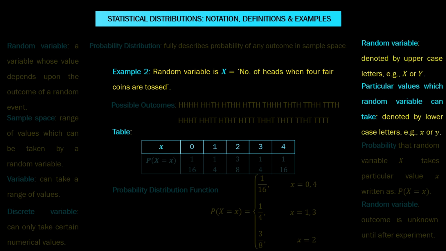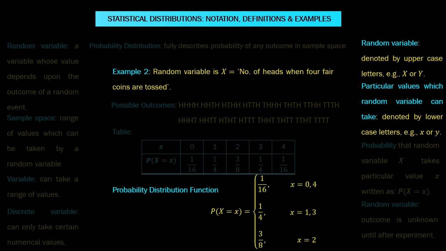So let's now take a look at how our example relates to the definitions and the notation. So of course our random variable is x equals the number of heads when 4 fair coins are tossed. Our random variable has been denoted by a capital letter, which is X, and the particular values which the random variable can take will be denoted by little x, which has also been highlighted.